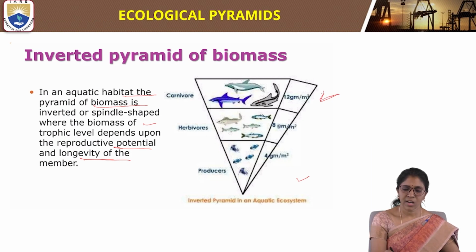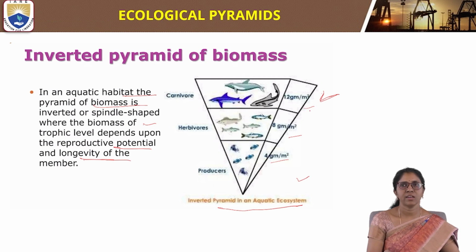With a large biomass, it is like an inverted pyramid in the aquatic ecosystem. If we see the producers, they are 4 grams per meter square. Herbivores' biomass is 8 grams per meter square.